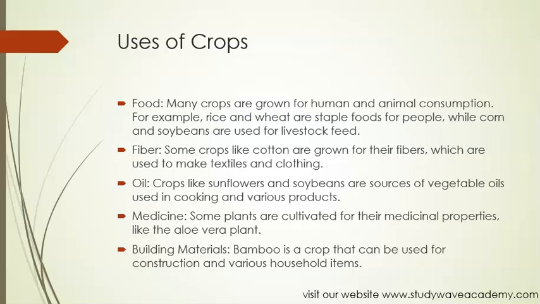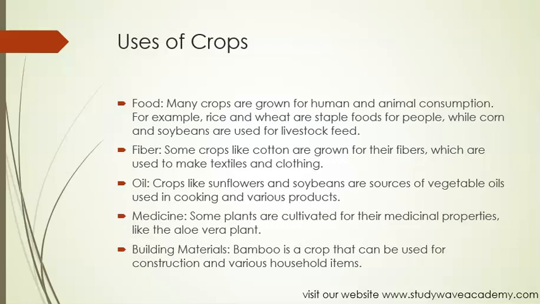Bamboo is a crop that can be used for construction and various household items. Bamboo is a crop that can be used to make things like furniture and even houses. So these are the uses of crops: food, fiber, oil, medicine, building materials.